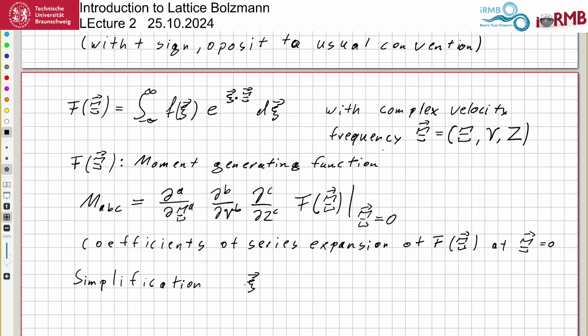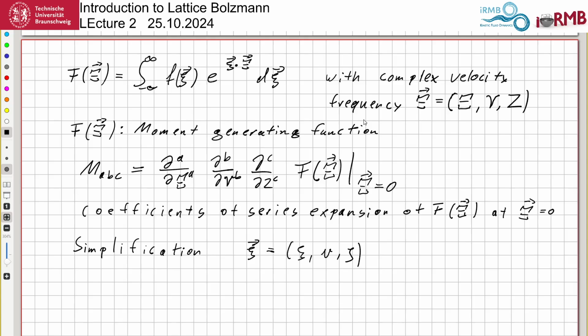Again, we say that our velocity has 3 components, xi, small upsilon and small zeta, and we apply our definition M a b c with all these derivatives. I have to write a little bit now. Derivative b with upsilon, so this is not the gamma, this is upsilon.